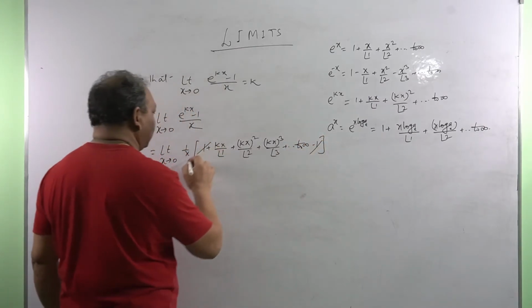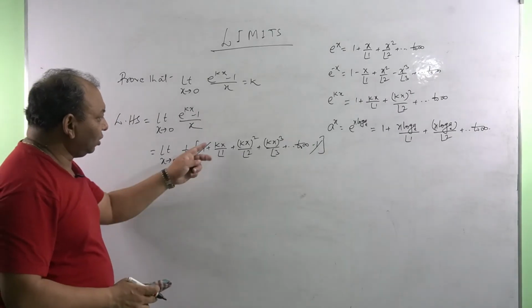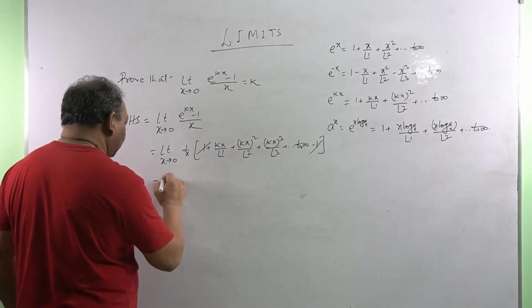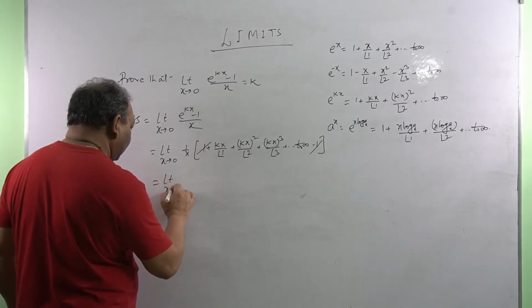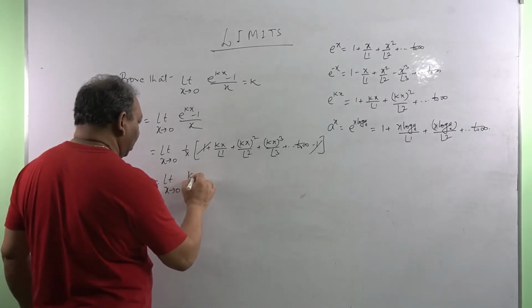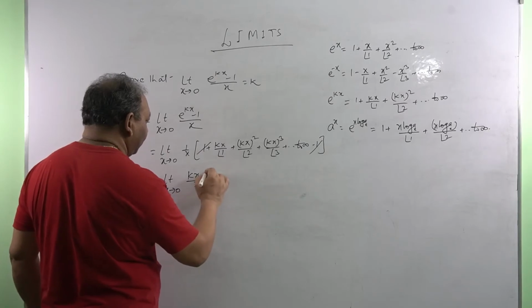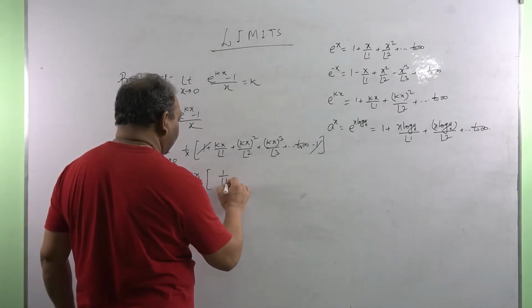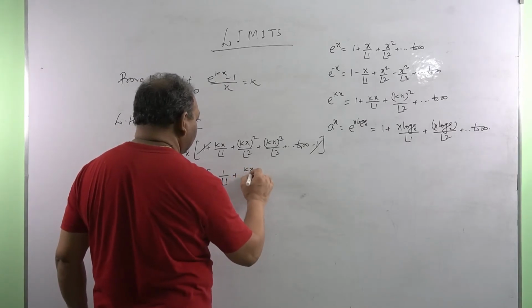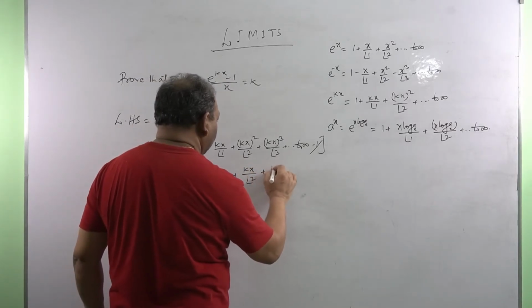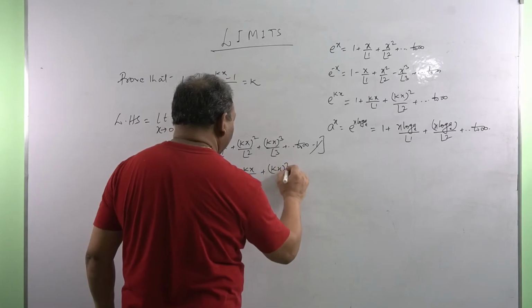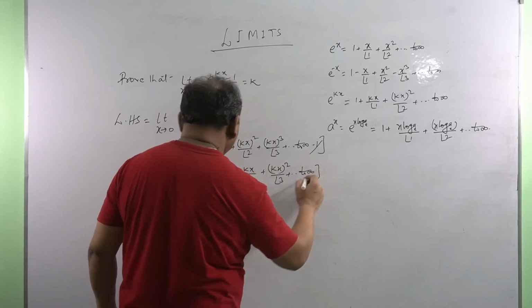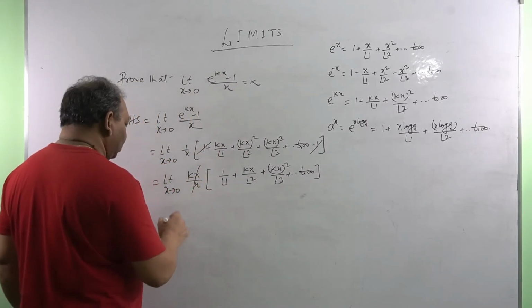Plus 1 minus 1 cancel out. Now take kx common from the bracket. Limit x tends to 0 kx divided by x multiplied by 1 upon 1 factorial plus kx upon 2 factorial plus kx whole square upon 3 factorial plus dot dot to infinity. x by x cancel out.